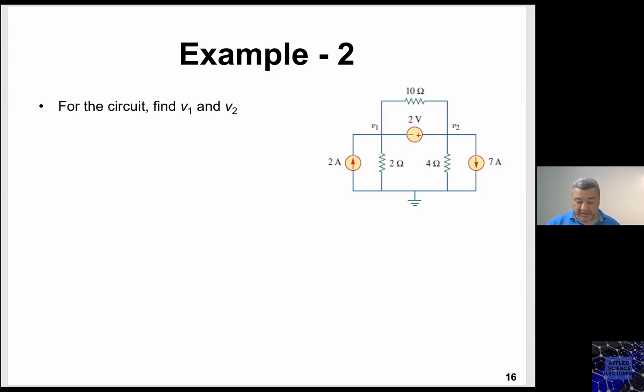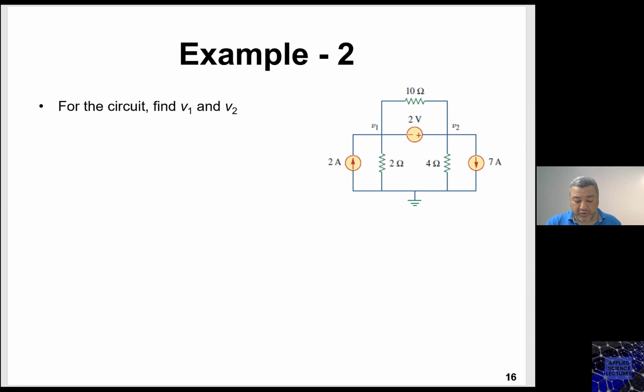But as you can see, this question combines current sources with a voltage source. And notice here, just to give you the heads up, the voltage source here is connected between two variables. So it's not connected to the reference. That's why you have a supernode.